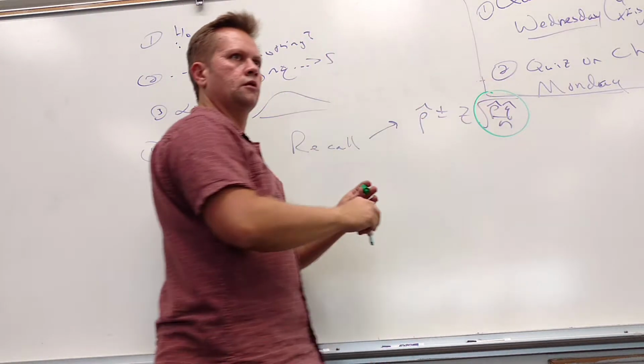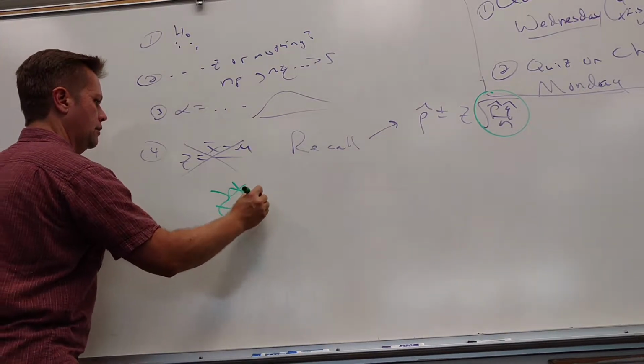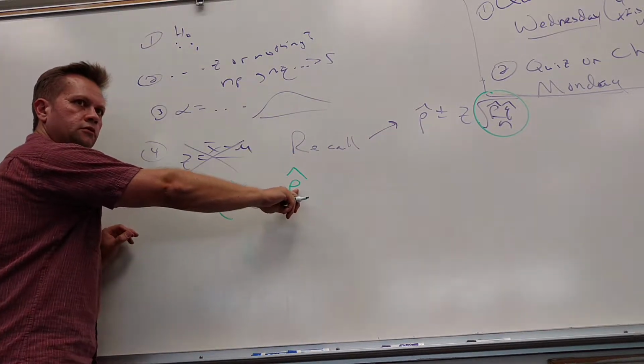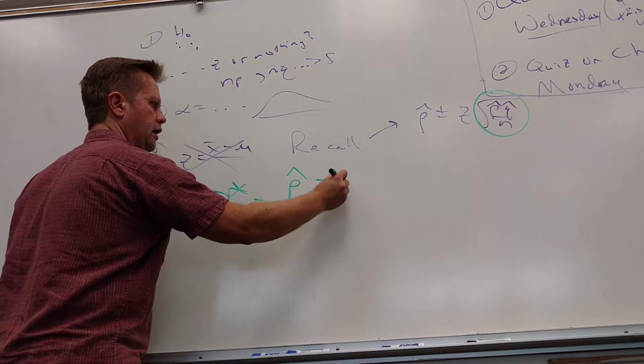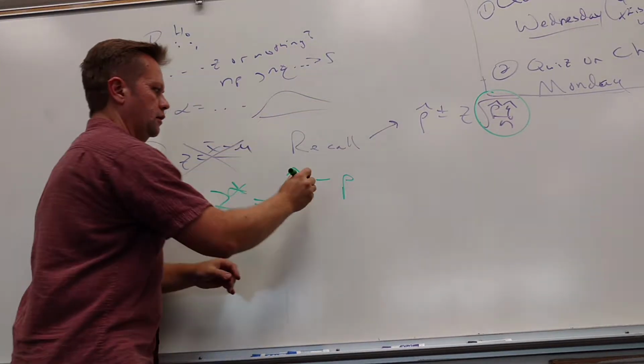This piece. So the Z-star formula for percentages is: I'm going to find a percentage from a sample, compare that to the percentage in the claim, and divide by the appropriate standard deviation, which will be this.